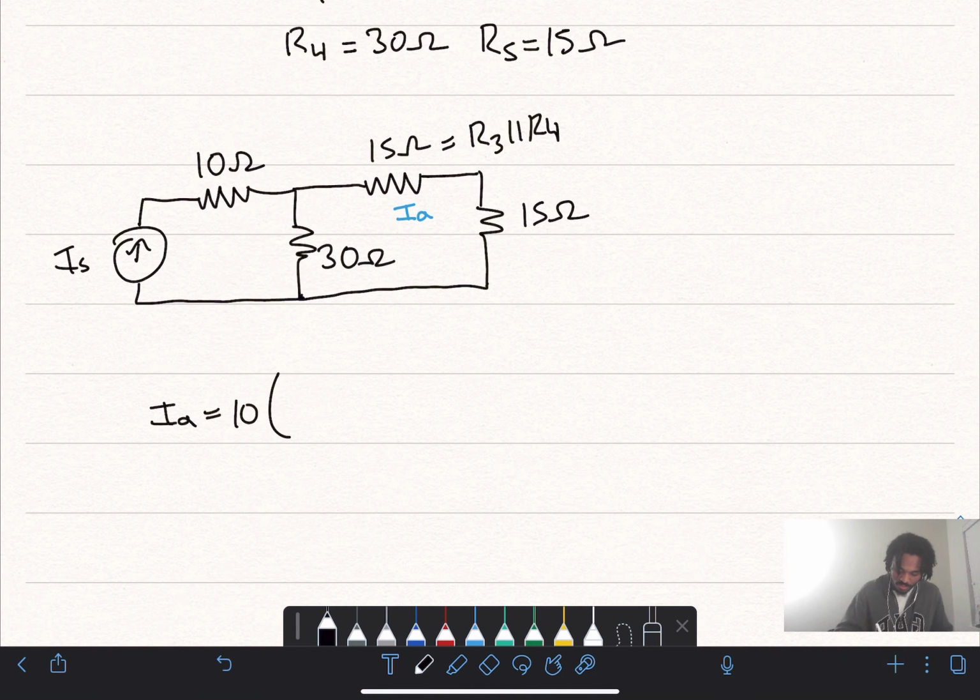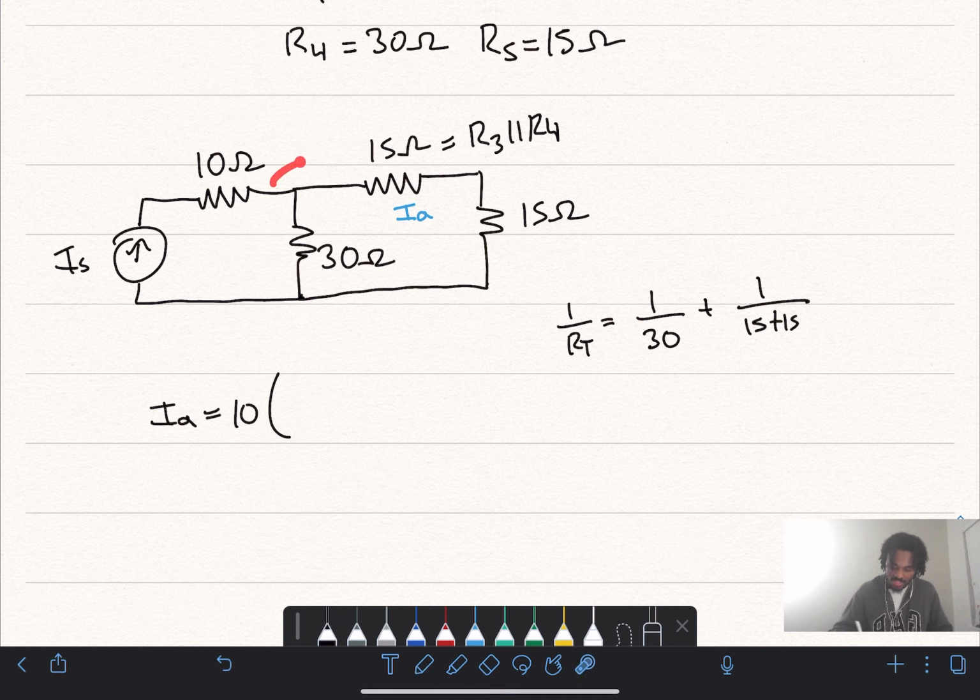So quickly, we've got 1 over 30 plus 1 over 15 plus 15. So that's 1 over 30, so this is just going to be 15. Our total resistance for this combination here is just going to be 15 ohms.